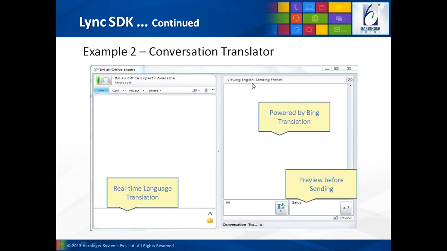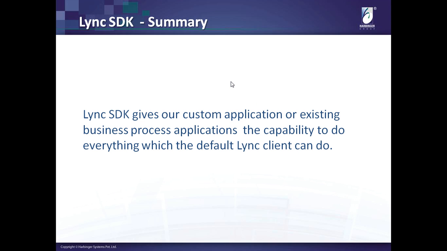So that's why the window title says viewing English, sending French. So I'll be viewing the English translation in the right-hand side pane, and in the left-hand side pane, I'll be sending French translation. Isn't that cool? That is really powerful. And here is how contextual data exchange comes into play.